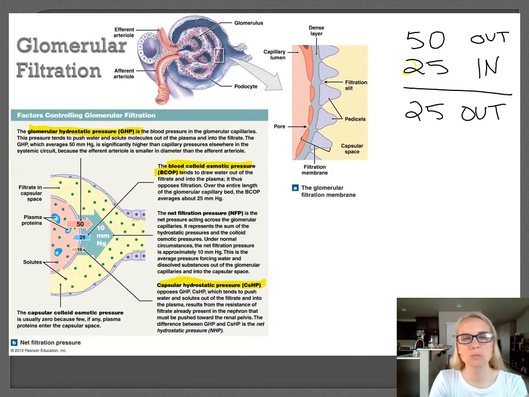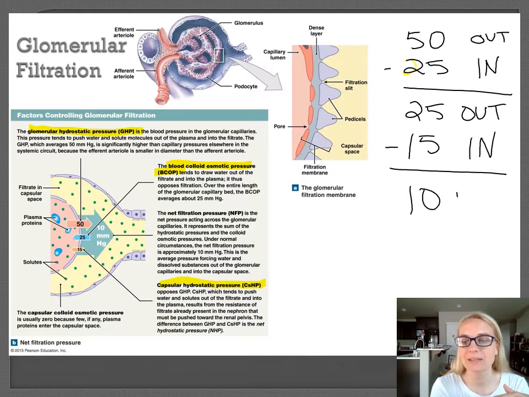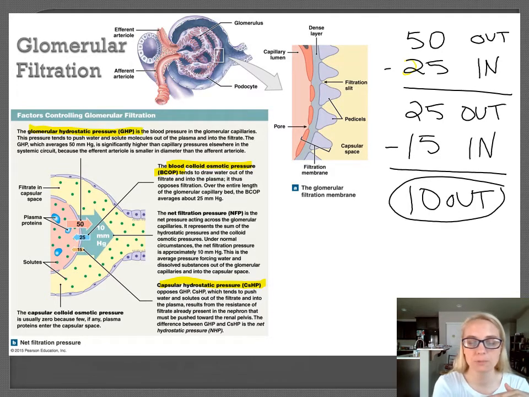And so this is a smaller little inward flow of about 15 millimeters of mercury. That's a little orange arrow there. And so this capsular hydrostatic pressure resists the outward flow. So we'll do another little subtraction here. And so we have a net filtration pressure of 10 millimeters of mercury out of the glomerulus.